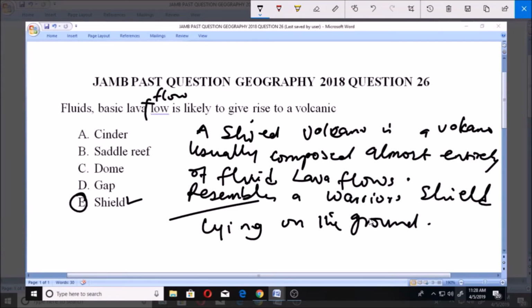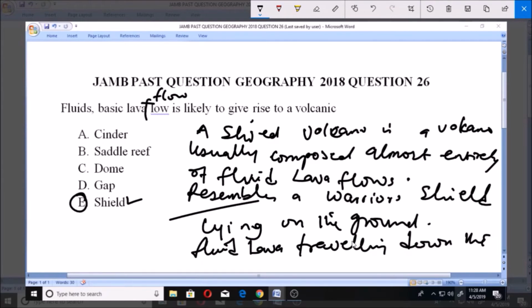So for this to be formed, you need to have the fluid lava traveling down the volcano, resulting in steady accumulation of broad sheets of lava.